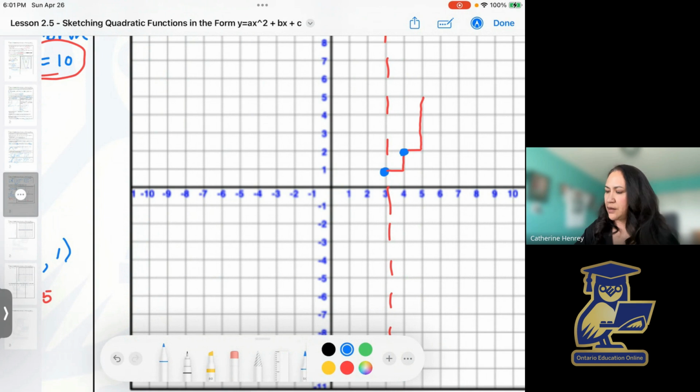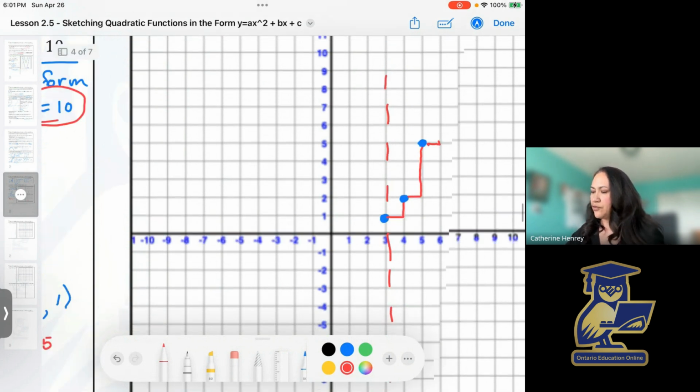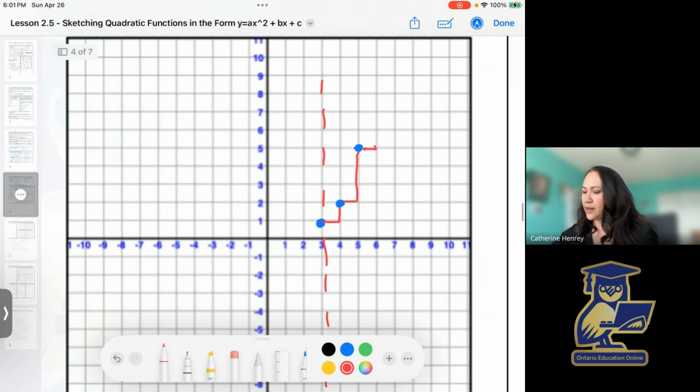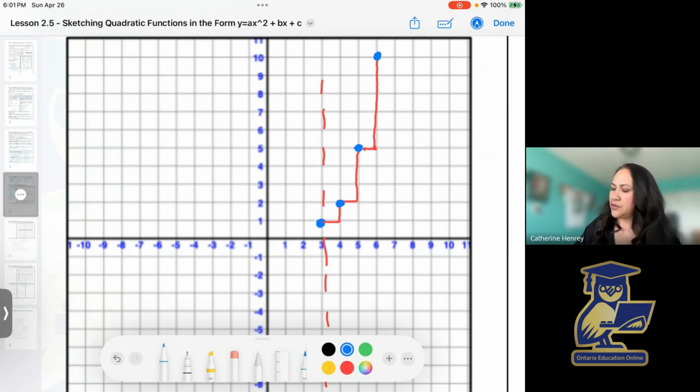I'll put a point there. And over 1, I should go up 5. 1, 2, 3, 4, 5. So I use my step pattern to find those.